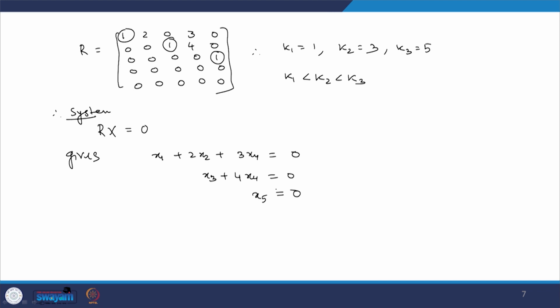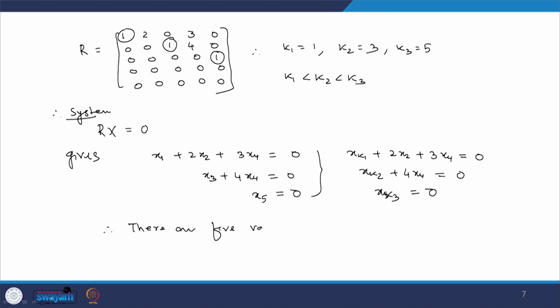So, I can rewrite this as x_k1 plus 2x2 plus 3x4 equal to 0 and x_k2 plus 4x4 equal to 0 and x_k3 equal to 0. There are 5 variables x1, x2, x3, x4 and x5.